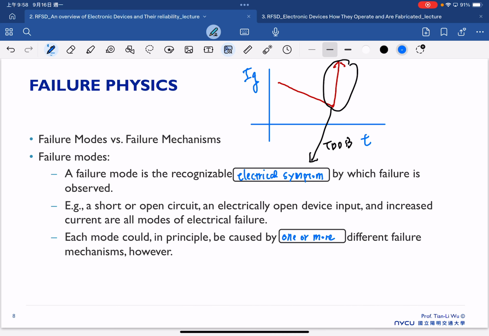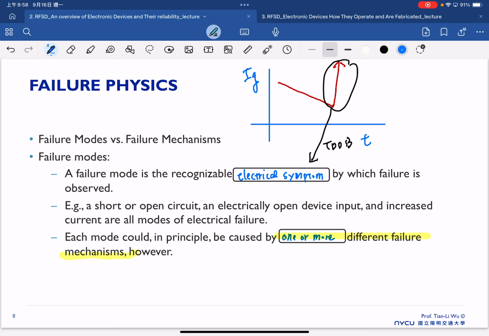So there can be several mechanisms that always lead to one electrical symptom, one failure mode.